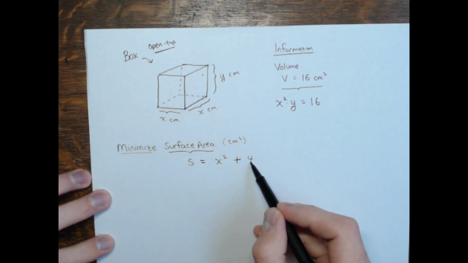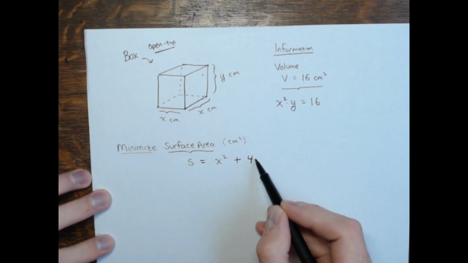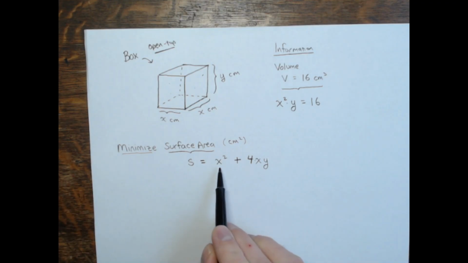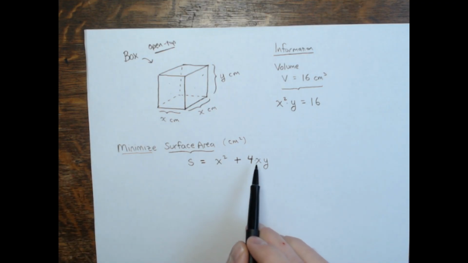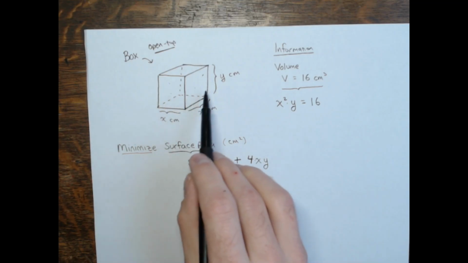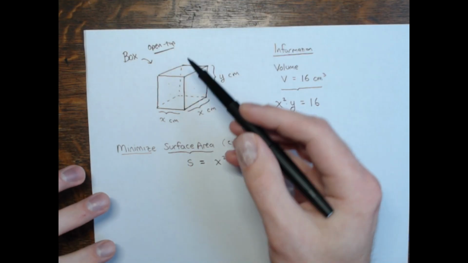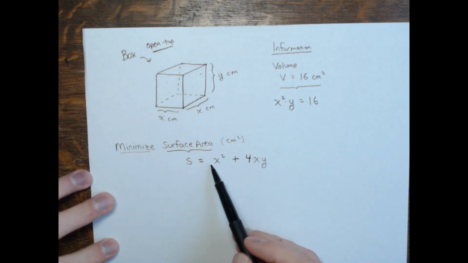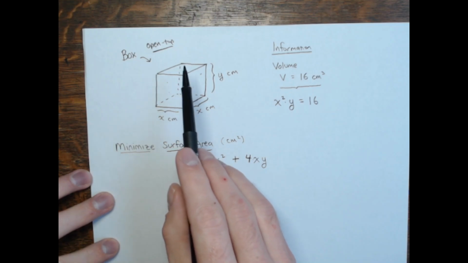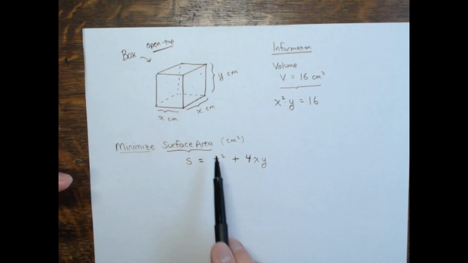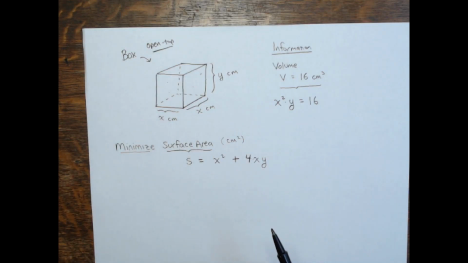So there are four of those. So 4 times x times y, 4xy. So that's the area of the base plus the four faces around the box. And once again, if they had the material on top, I would put 2x squared, but there's no material on top. So just the base, just the 1 x squared.